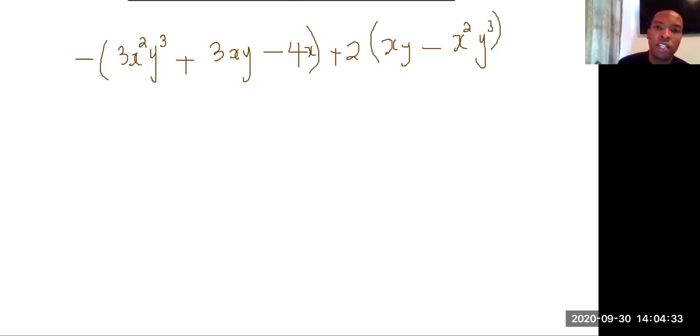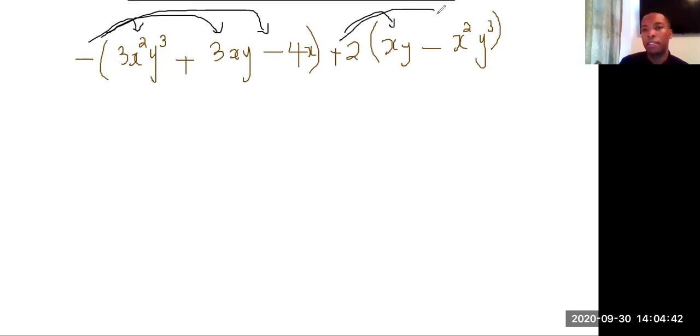So again, when I'm starting this out, I've got to do the distributive property. Get these parentheses out of here. They don't need to be here. Okay. So that negative times the 3x squared y cubed is negative 3x squared y cubed. Negative times the positive 3xy is negative 3xy.